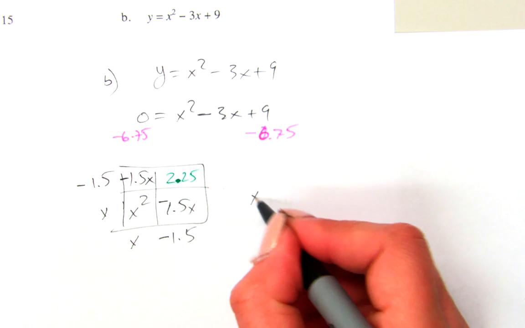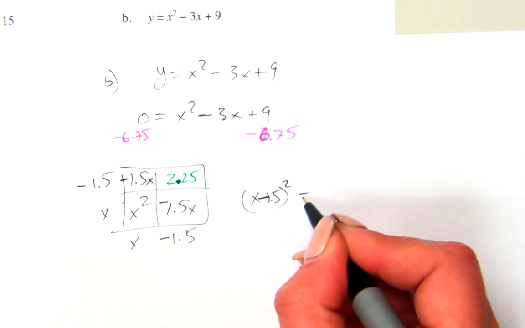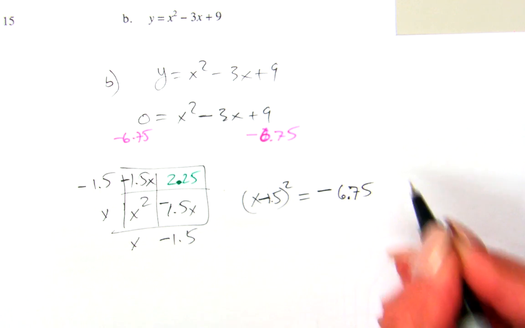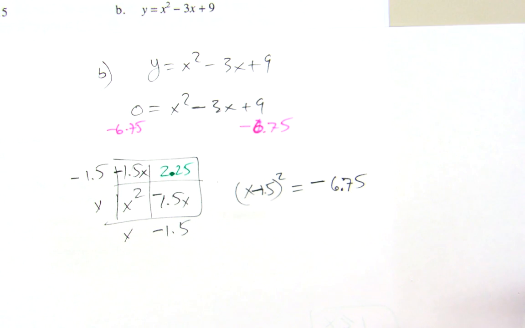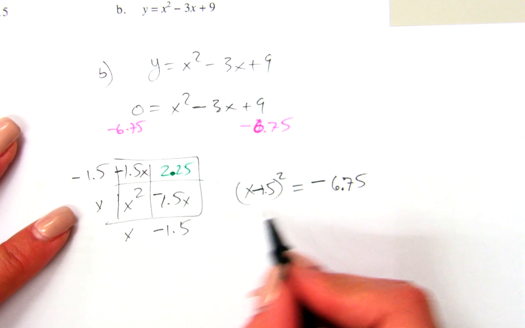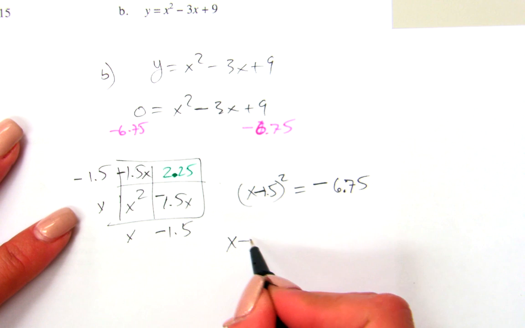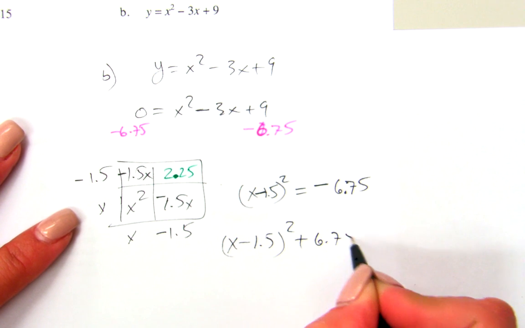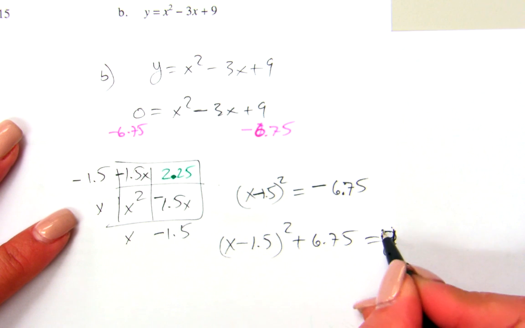All right, so now we have x minus 1.5 squared is equal to negative 6.75. Well, that's not your final answer, because first of all, you're not trying to solve. All it says is find the vertex and the y-intercept. So the vertex needs to be in graph form. Graph form should look like this, or in this case, y equals.